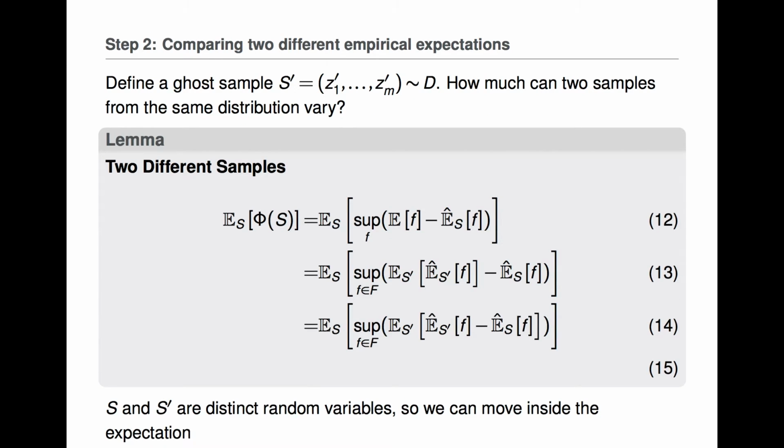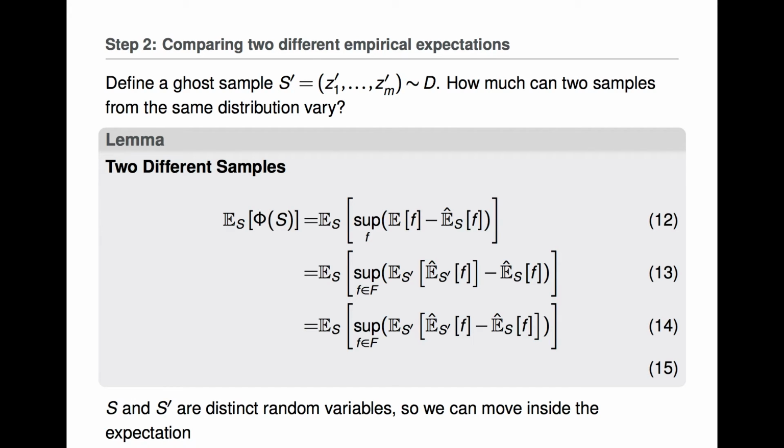Now we can extend the expectation of S prime over here. This is because this is S, and it doesn't depend on S prime. So it can move within the expectation for S prime. We can now add in an inequality.